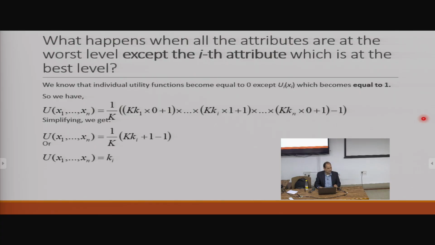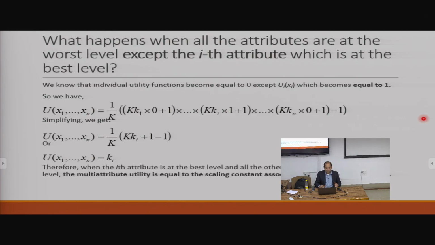This is pretty straightforward. If you look at the expression, guess what? You get ki's. So that hints that I can use it to assess ki's: in the lottery, if the right-hand side had all best, all worst, and the left had best in one and worst in the others, the probability p that you would give is the same as the scaling constant.